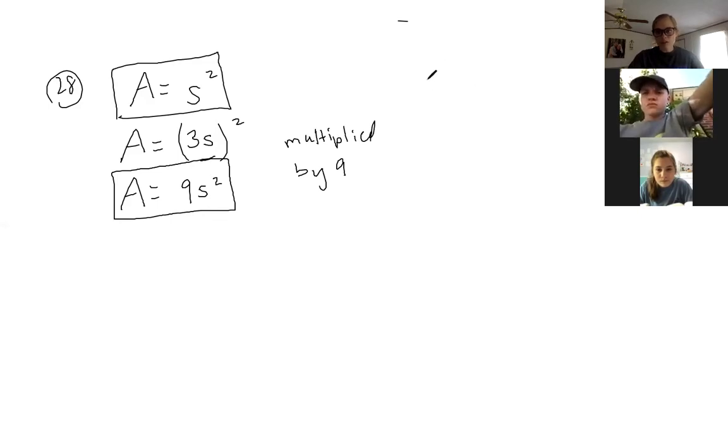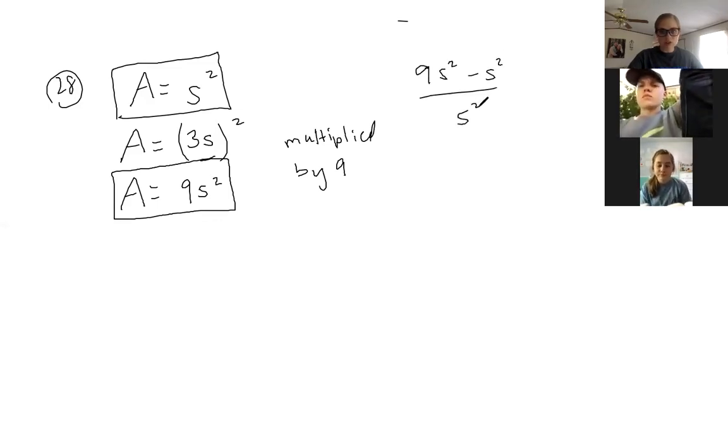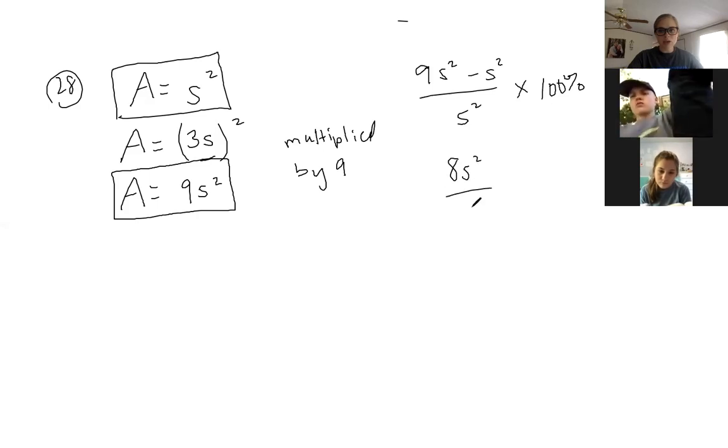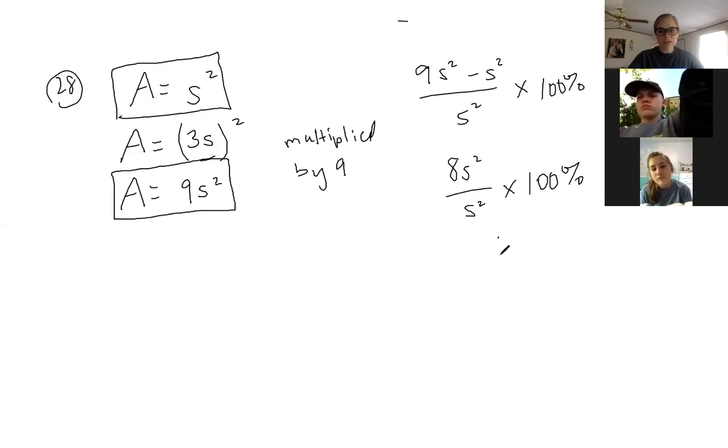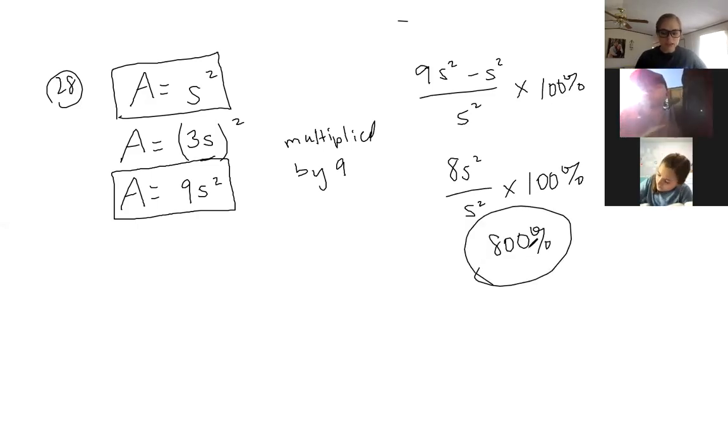Well, 9s squared minus the original all over the original times 100%. So 9s squared minus s squared, that's 8s squared all over s squared times 100%. So the percent increase would be 800%.